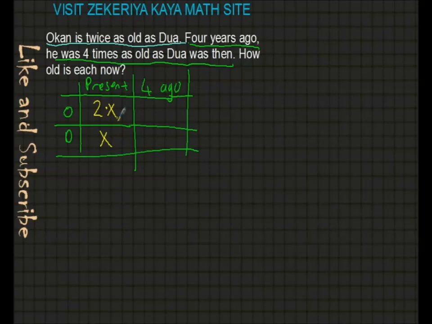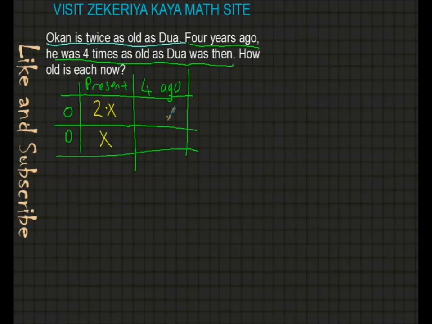Twice means times 2. If Dua's age is x, Okan's age will be 2 times x. 2x. If Dua's age is 5, Okan will be 10. If she is 6, Okan will be 12. Times 2 always. Okay? So by using these algebraic expressions, I must find the other side also.